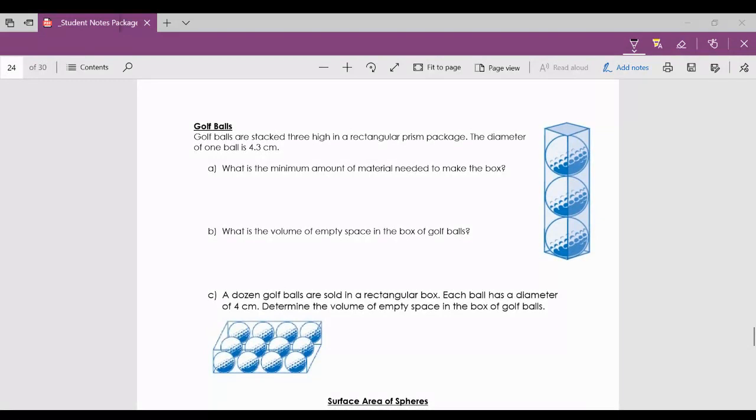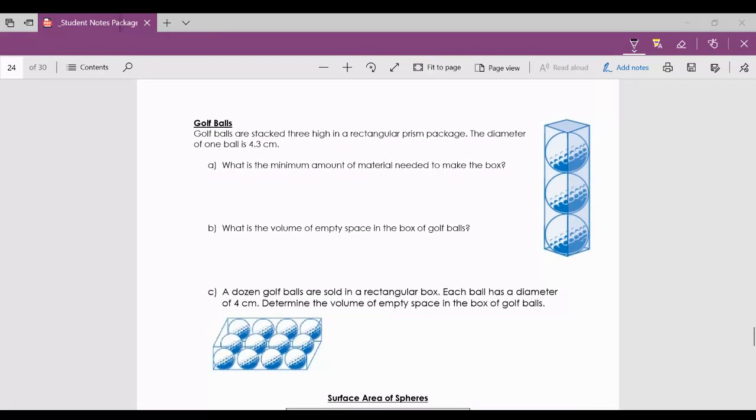So golf balls are stacked 3 high in a rectangular prism. The diameter of one ball is 4.3 centimeters. What is the minimum amount of material needed to make the box? So if you notice in this box, it's got 3 golf balls, and it says that each golf ball has a diameter of 4.3. So this is 4.3, that is 4.3, and that is 4.3.